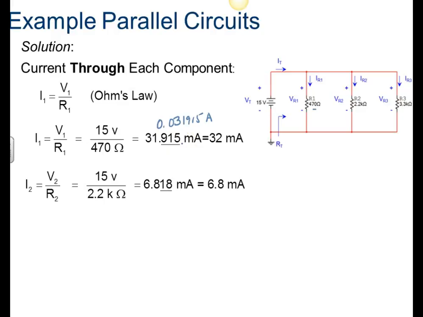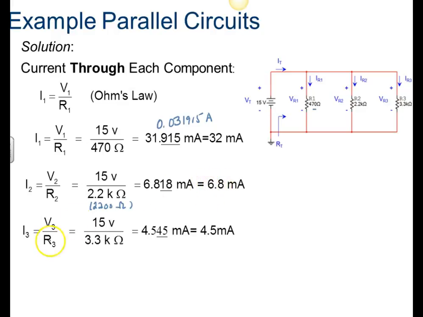We have I2 is voltage 2 divided by resistor 2, and that's going to be 15 volts divided by 2.2 kilo ohms, or technically 2,200 ohms, and that's going to give 6.8 milliamps. And then we've got I3, voltage 3 over resistor 3, and same scenario, we get 4.5 milliamps as the final answer.